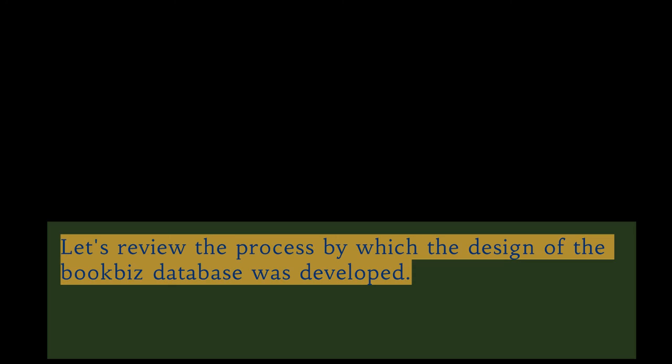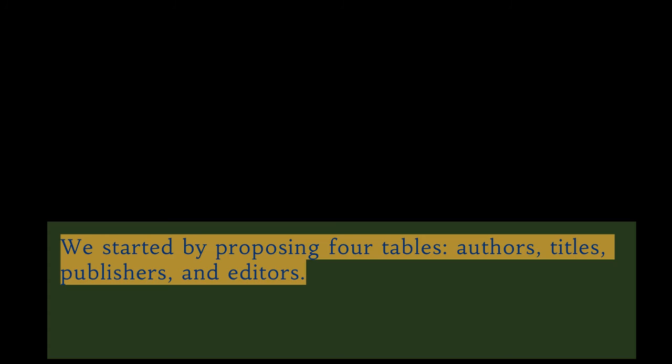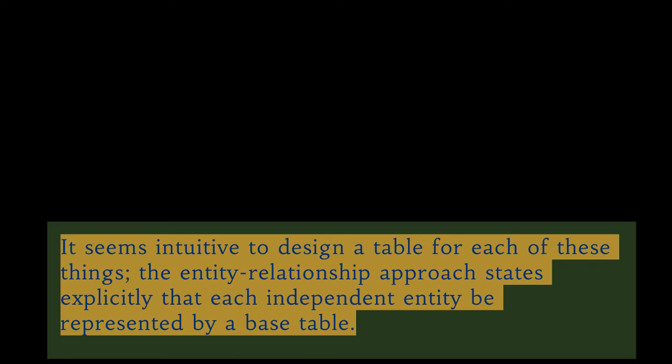Reviewing the database design. Let's review the process by which the design of the Book Biz database was developed. We started by proposing 4 tables: authors, titles, publishers, and editors. It seems intuitive to design a table for each of these things.